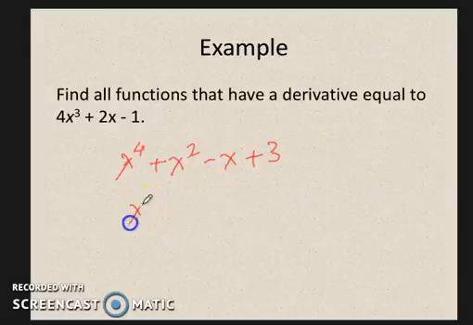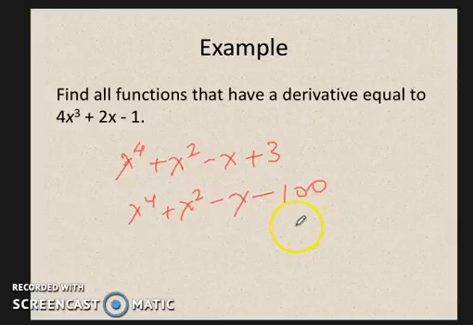It could be x to the 4 plus x squared minus x minus 100, or it could be anything. So they differ only by a constant here. You can keep changing it.